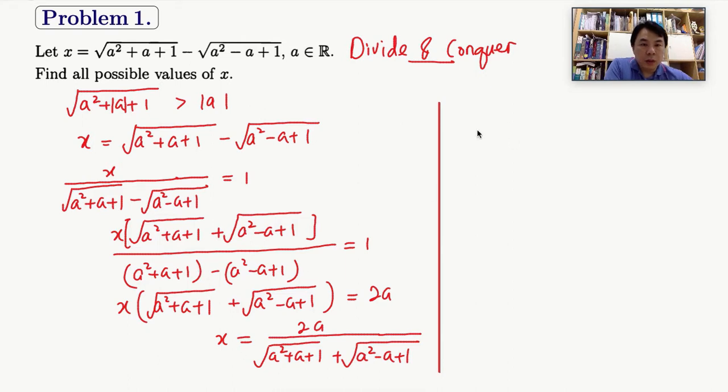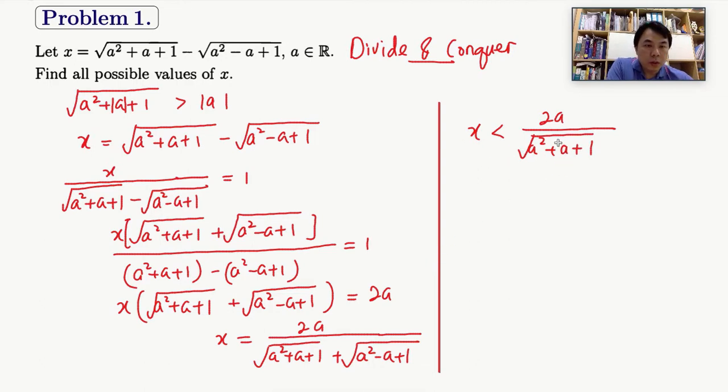So from here, we can deduce that x must be less than 2a over a squared plus a plus 1. Right, now that one must be less than this.